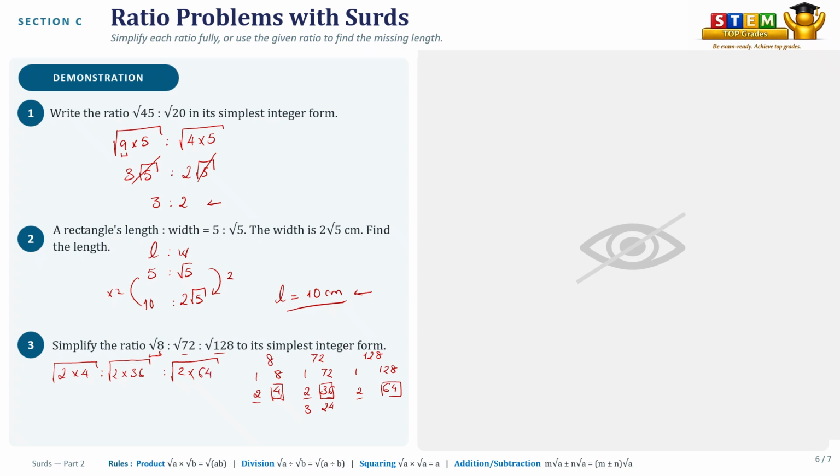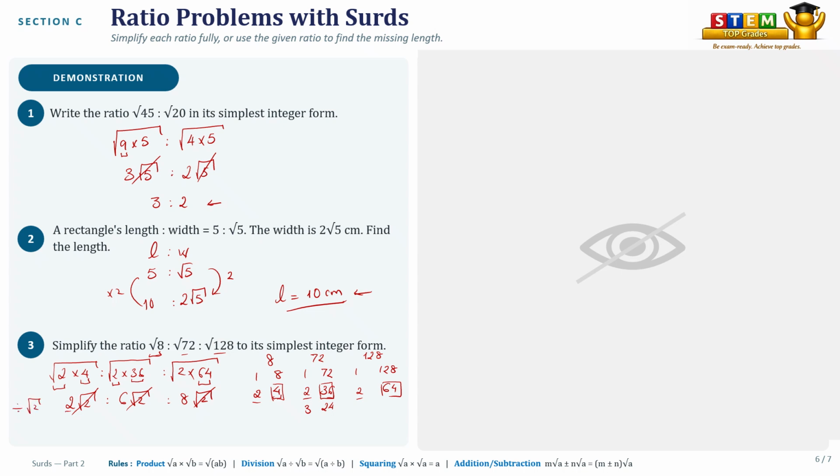So what's going to happen now is we're going to get the surd root 2, and the square root of 4 is going to be 2. Another surd root 2. Square root of 36 is 6. And the last one is going to give me 8 and then root 2. So we can cancel the root 2 all the way, which means divide by root 2 all the way.